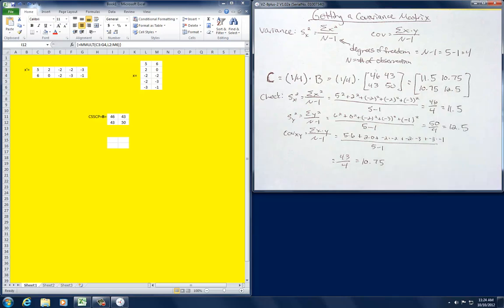Now let's do this in Excel. So I left what we had in video 3.8. We didn't do 3.9 in Excel, but I'm going to combine that here. So let's have our covariance matrix C is 1 over 4 times our matrix B, which we have here. So once again, that's the inverse of the degrees of freedom. So let's highlight this here.